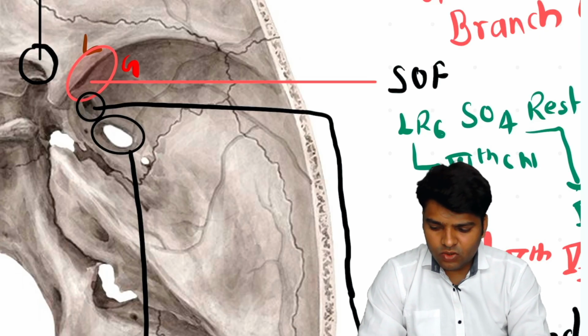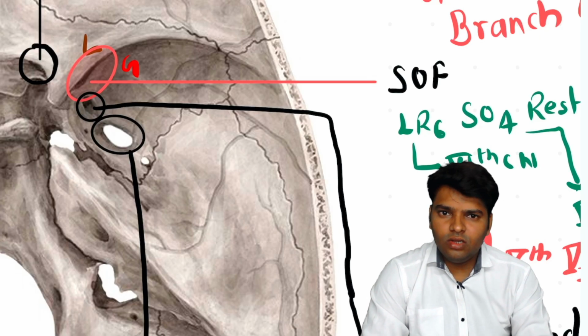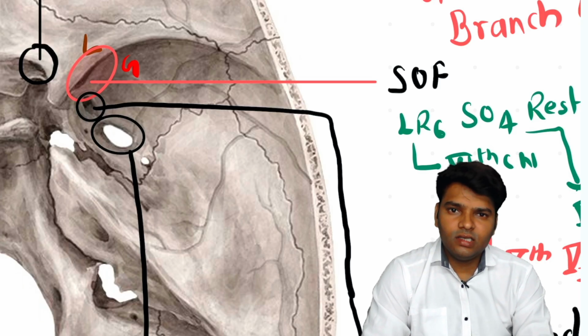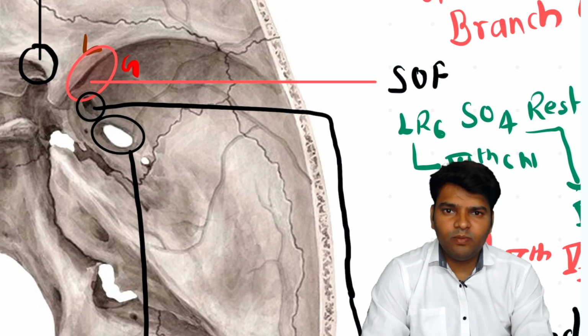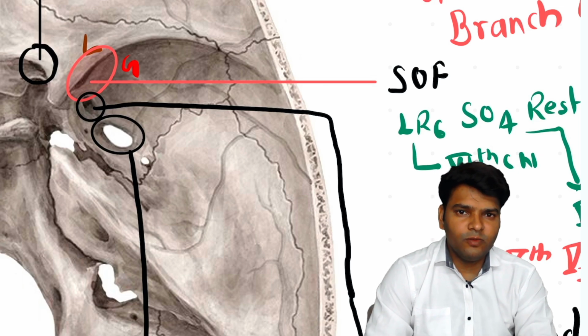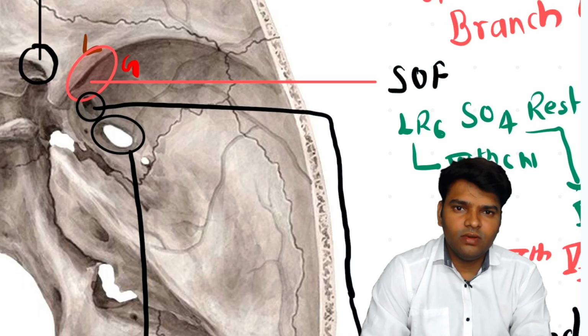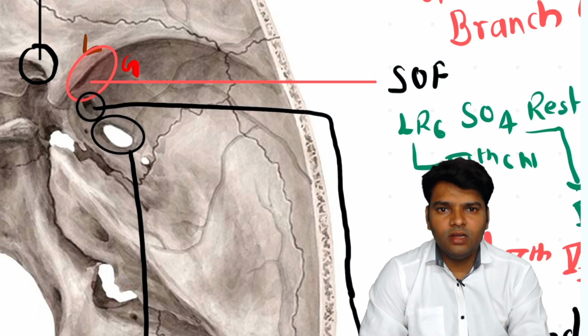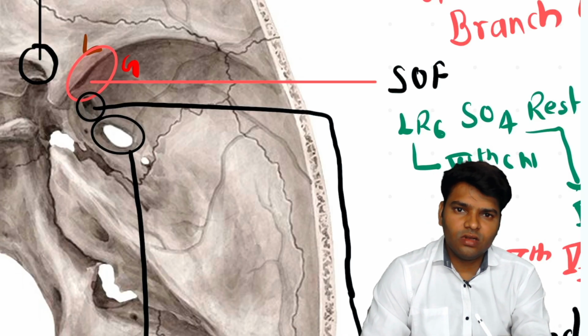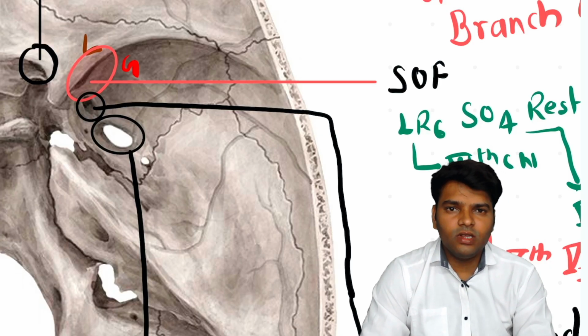First, for the superior orbital fissure, I have told you a formula also: LR6 SO4, rest all by 3. The third cranial nerve, the fourth cranial nerve, and the fifth cranial nerve, V1, the first branch, called the ophthalmic nerve, pass through the superior orbital fissure.